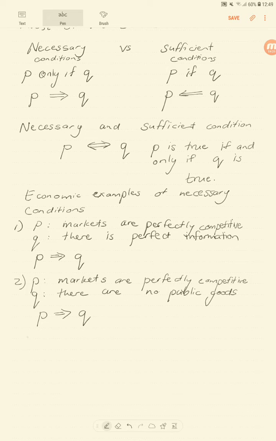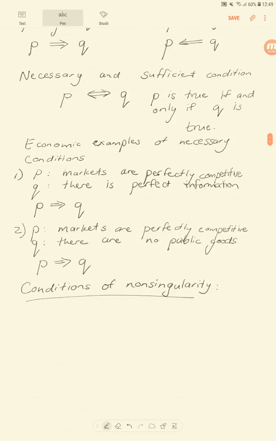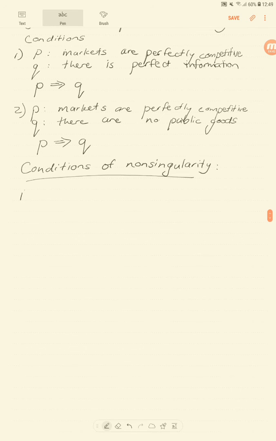So, what are the conditions for non-singularity of a matrix? First, a matrix must be square.